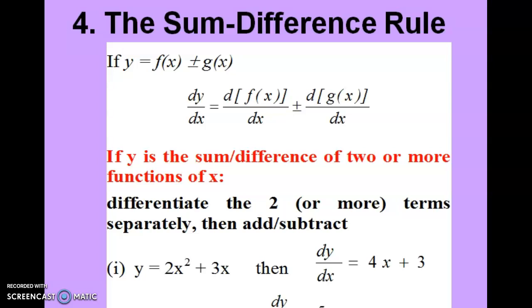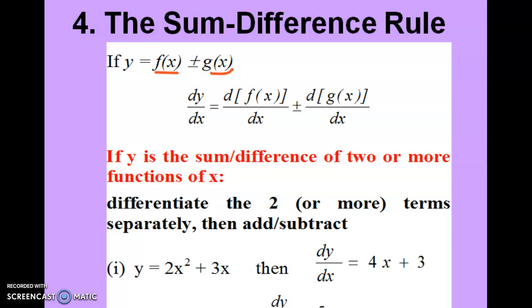To the sum difference rule. All right, we've already talked about this one. I have two functions. Let me just highlight the functions, f of x and g of x.